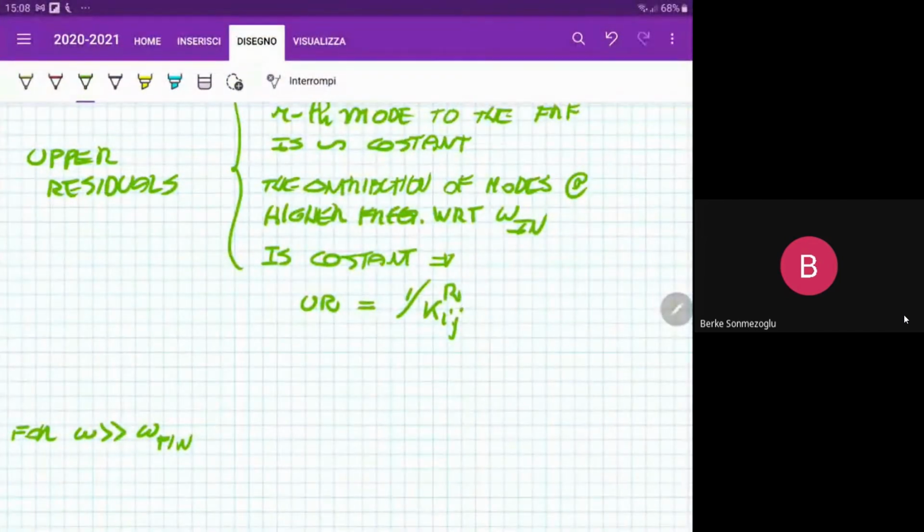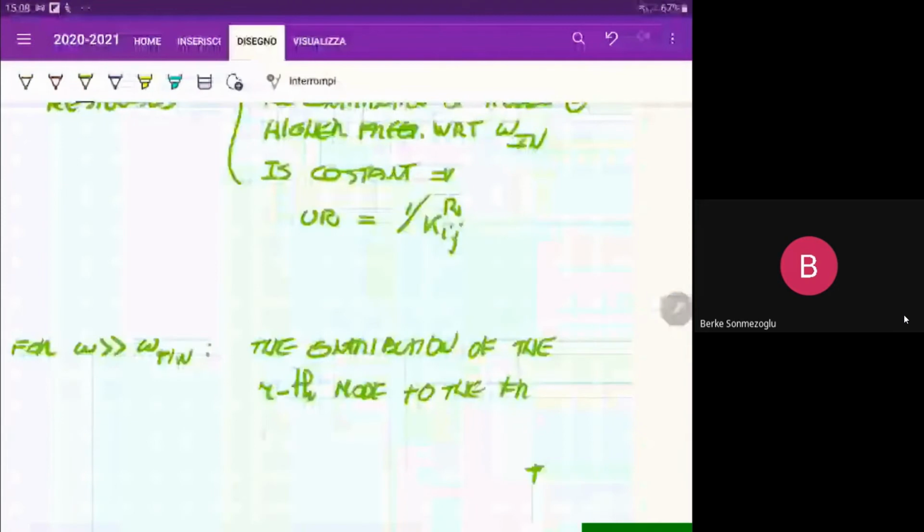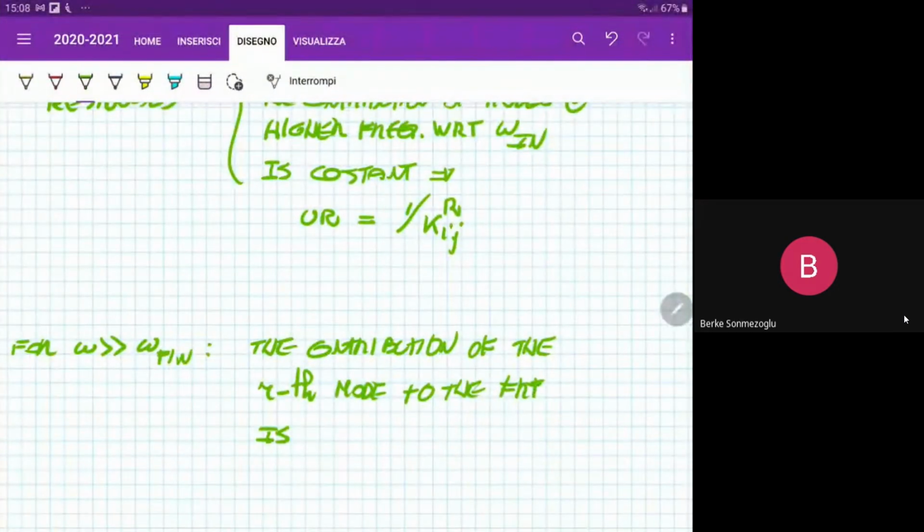Then the contribution of the R mode to the same FRF is this time practically the mass line that we discussed yesterday.